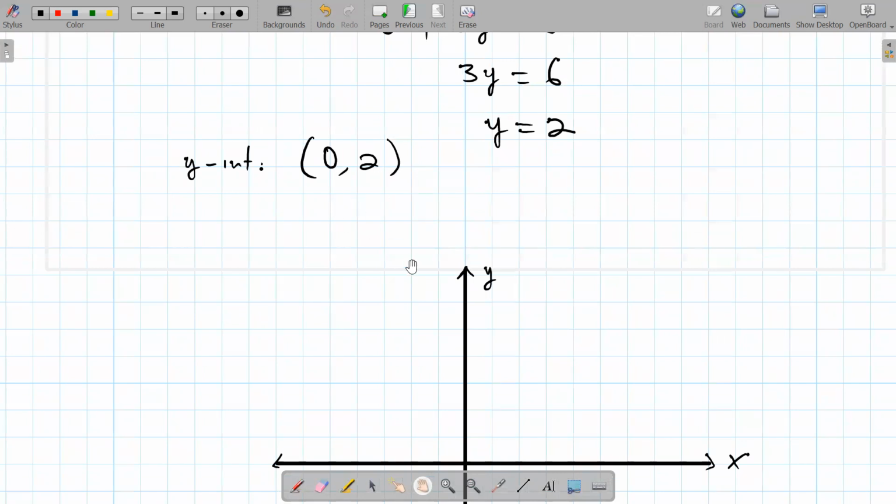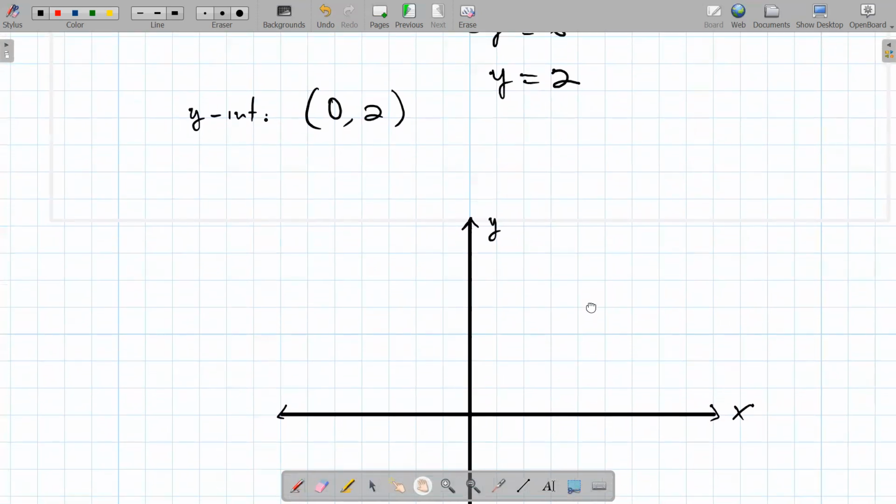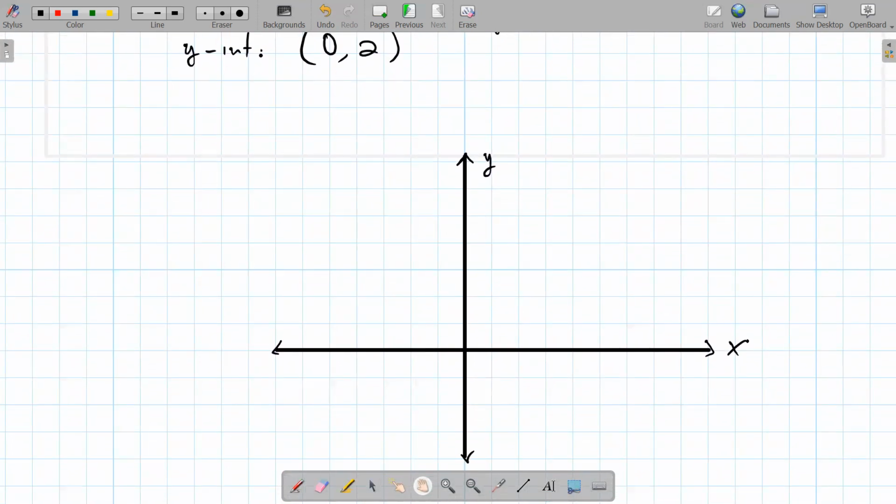The y-intercept is 0, 2, and the x-intercept is 3, 0. You have to look at the scale, especially if you want your graph to be a little bit larger.